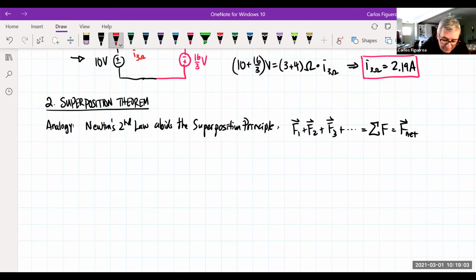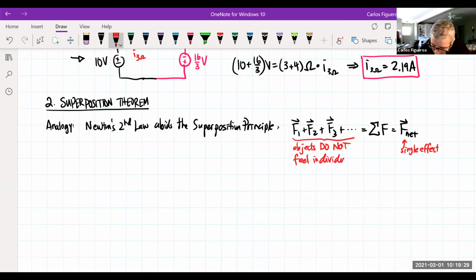In other words, there's only a single effect acting on an object. Now, when you look at the net force, objects do not feel individual forces. What they feel is the net force.